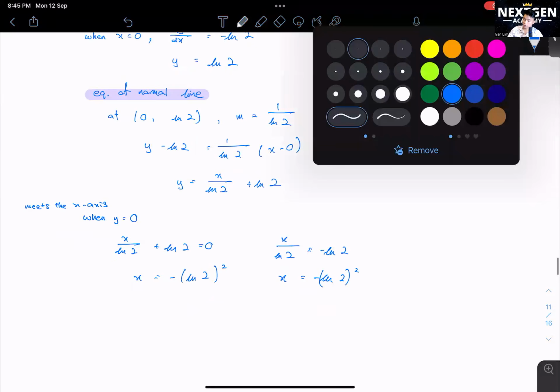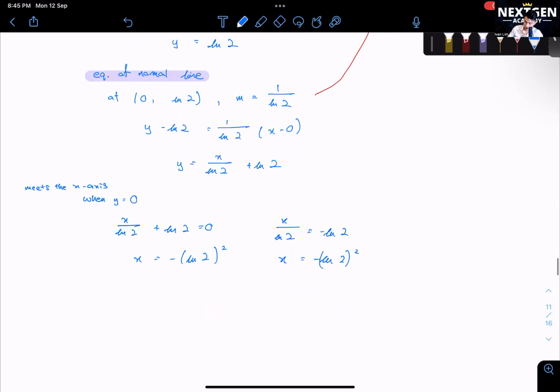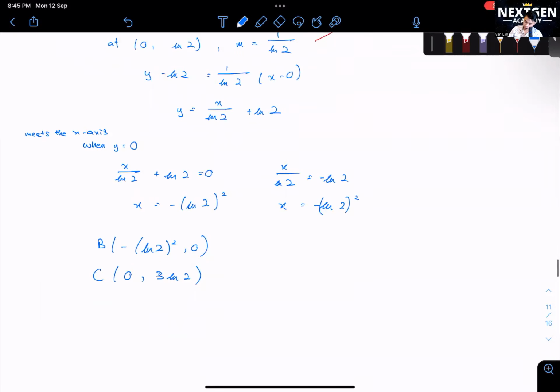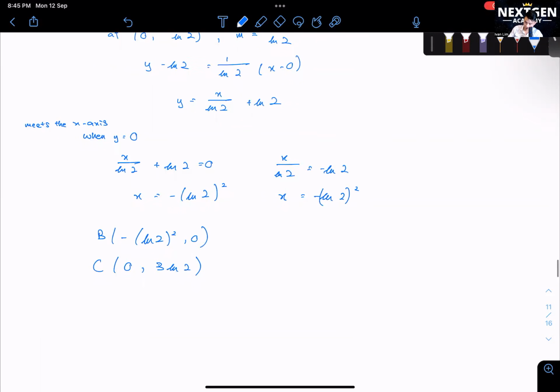So after here, I've got my B, which is negative ln 2 square, 0. Then C, based on the question, is 0, 3 ln 2. So for the final answer, I want to use y2 minus y1 over x2 minus x1 for the gradient m.